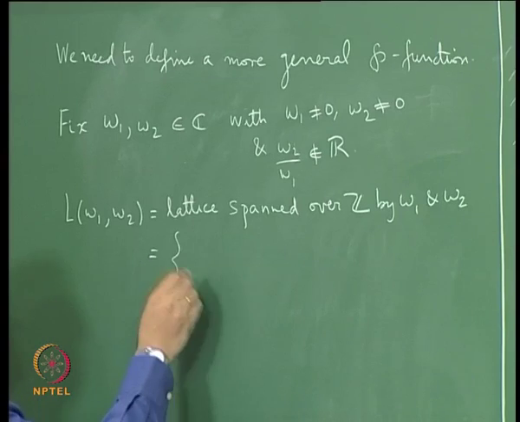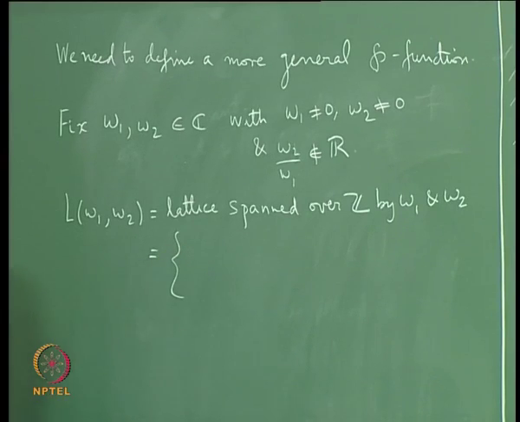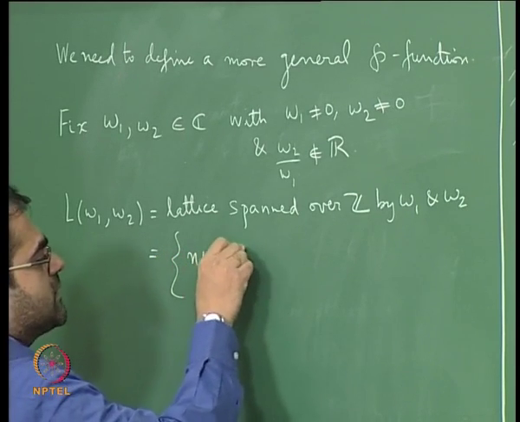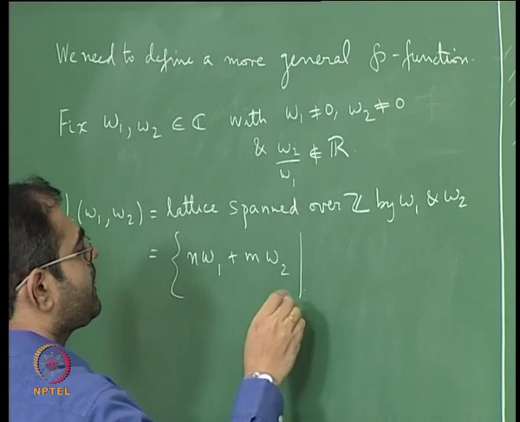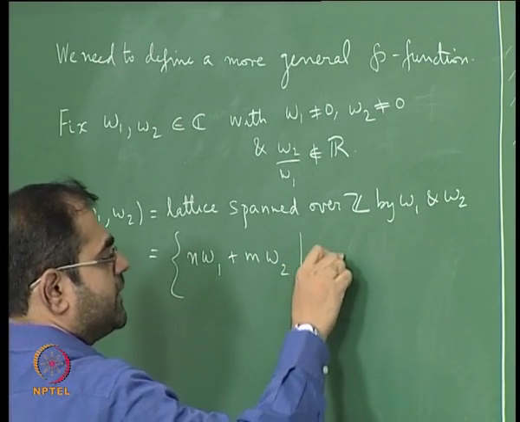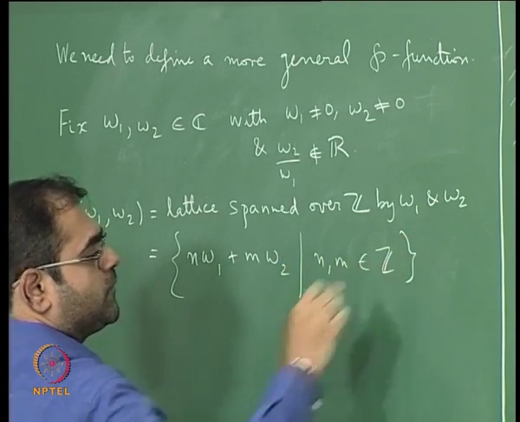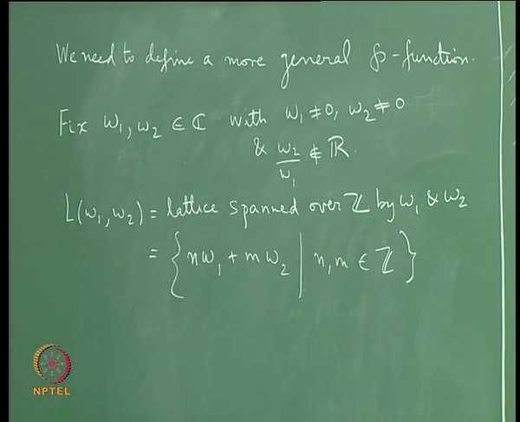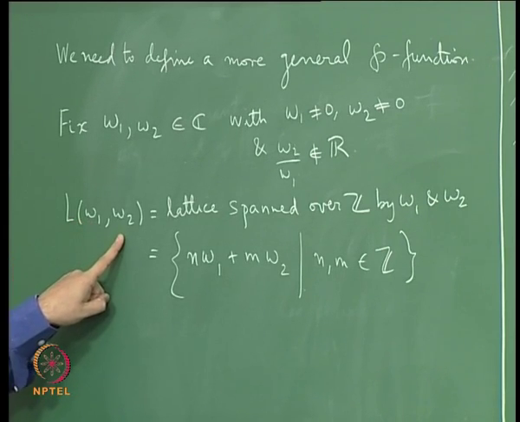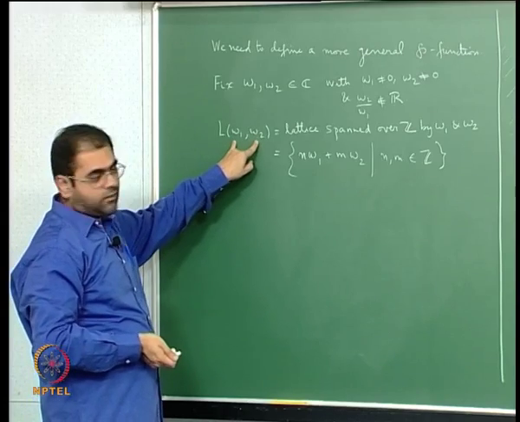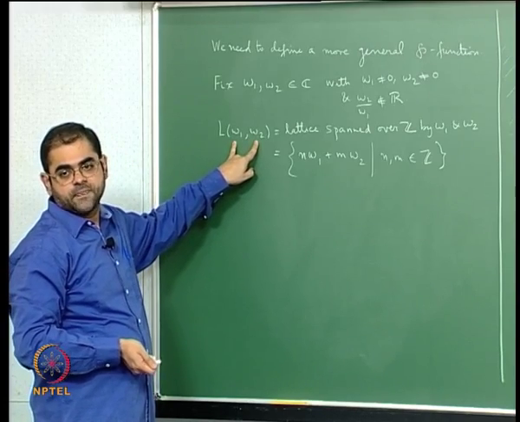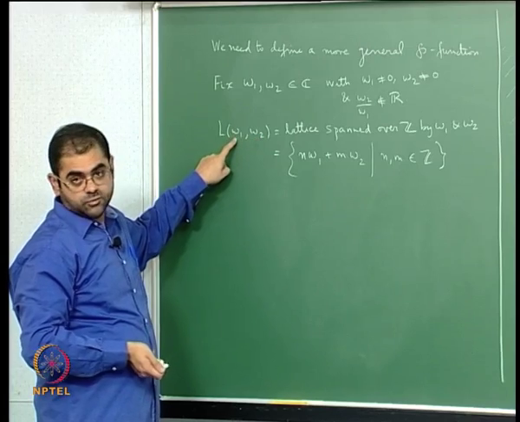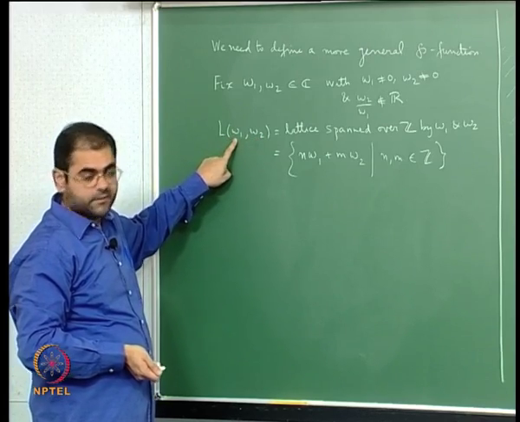This is just the Z span, namely it is all Z linear combinations of omega 1 and omega 2, so it is of the form n omega 1 plus m omega 2 where n and m are integers, okay. And of course the lattice that we have been so far considering was L of 1 comma tau, where tau was in the upper half plane, but instead of taking 1 and tau we are simply taking 2 complex numbers such that the ratio omega 2 by omega 1 is non-real, alright.